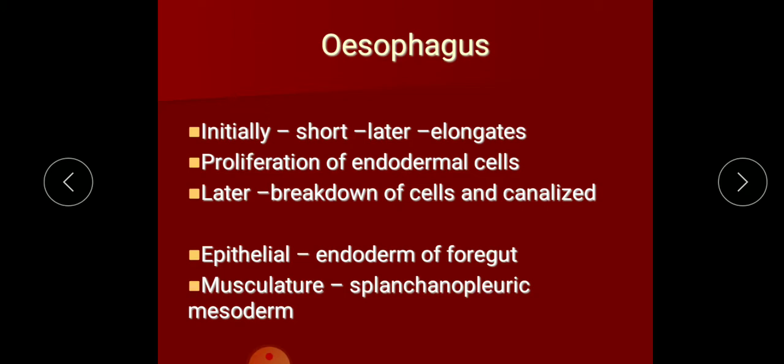When something abnormal happens in this recanalization process, it leads to the condition termed atresia or stenosis. You must have heard of esophageal stenosis and esophageal atresia. All these are caused by some defect that affects the recanalization process of these endodermal cells.